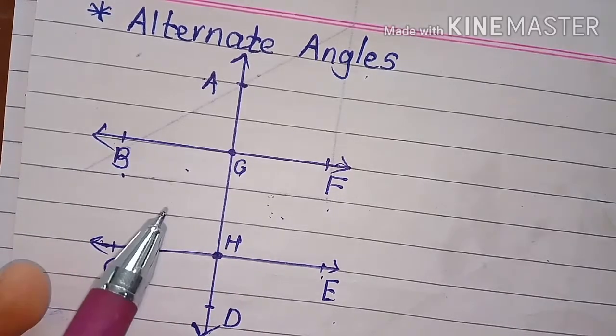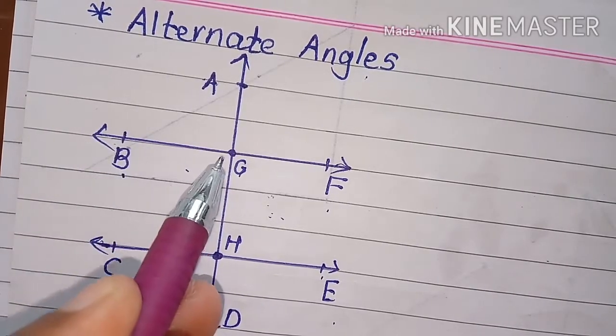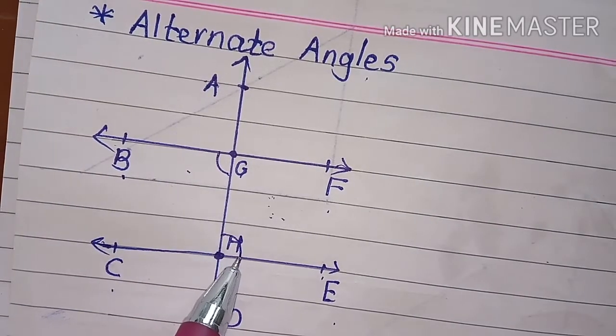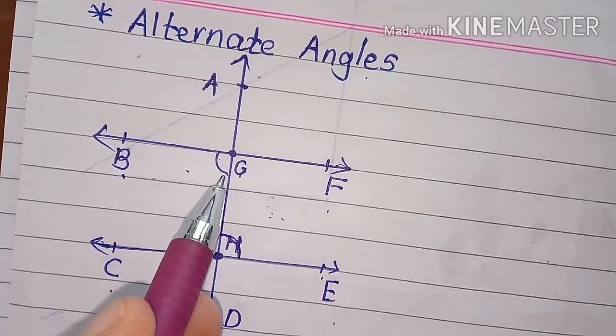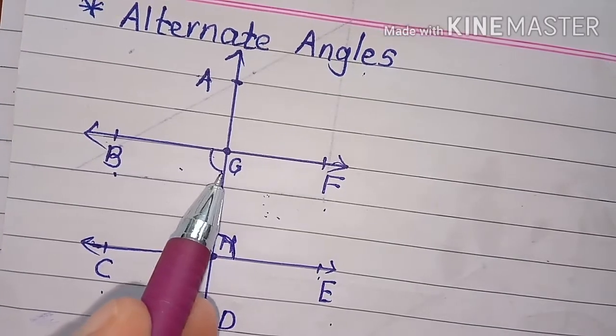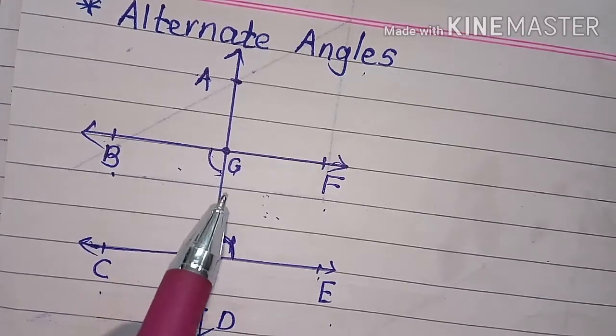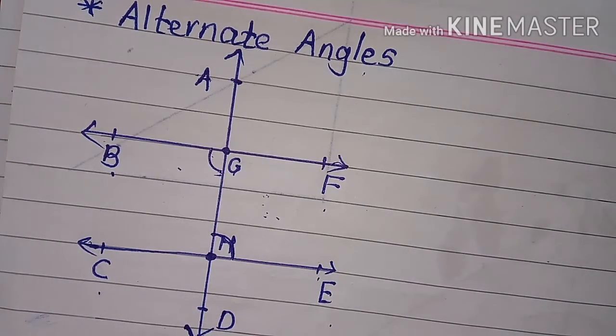From the definition, this angle is opposite to this angle. One observation is that whenever you see alternate angles, there is a Z sign in the diagram.